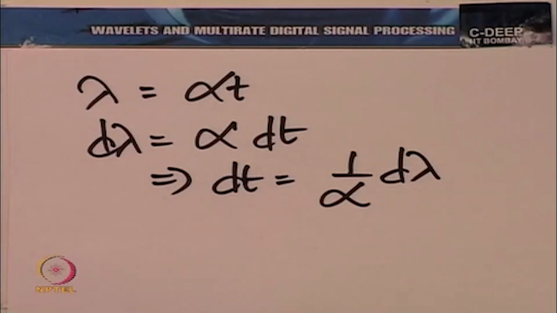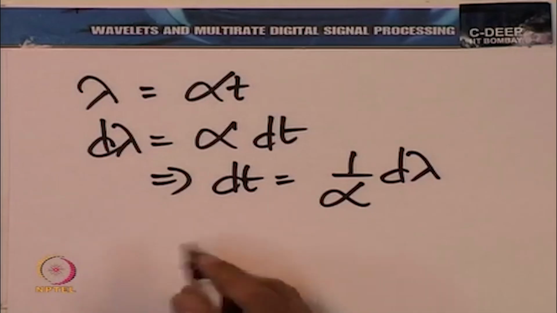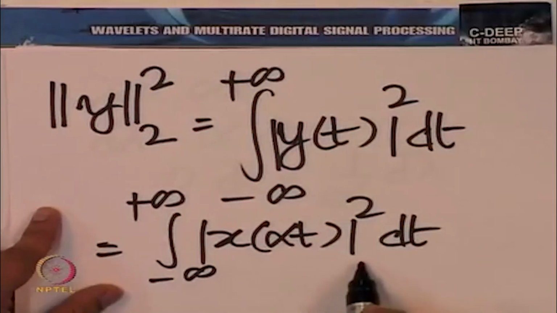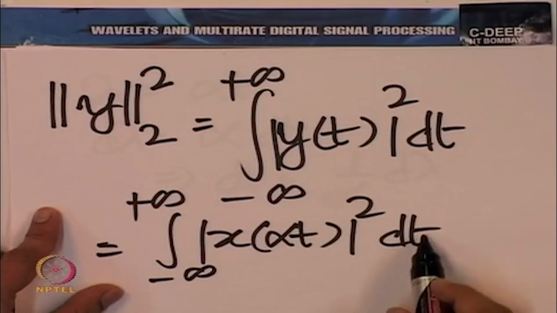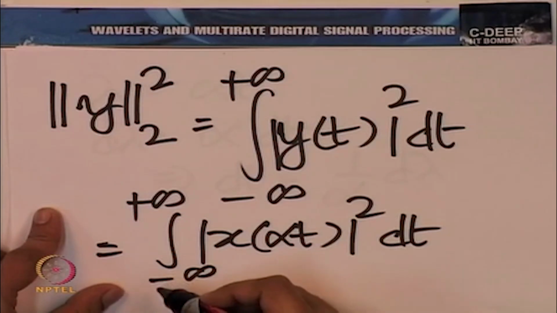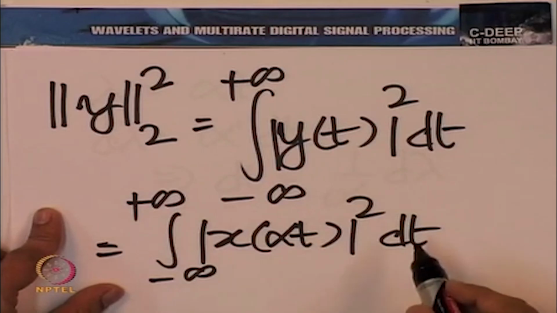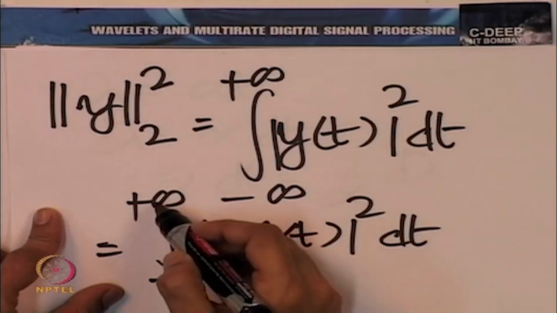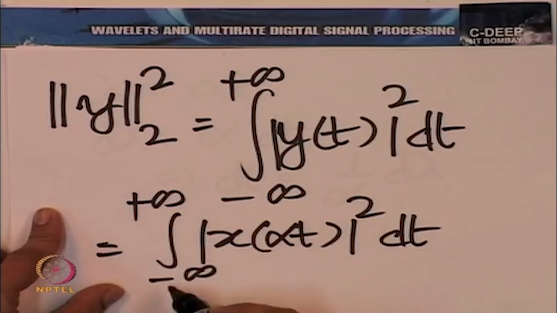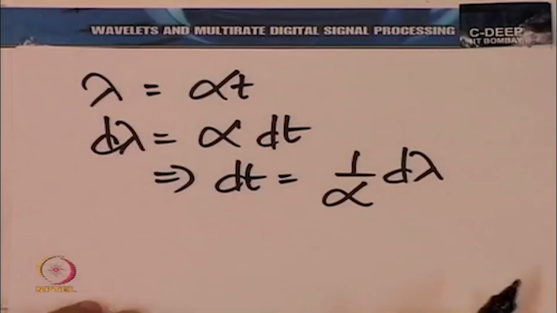Now, here in the integral, let me just bring the integral back here, the relevant integral. So, we are going to replace dt by d lambda by alpha, depending upon whether alpha is positive or negative. If alpha is positive, the limits still remain from minus to plus infinity. If alpha is negative, the limits go from plus infinity to minus infinity, but then there is also a 1 by alpha negative there. So, if you take the negative and the reversal of integral together, all in all we always have the following.